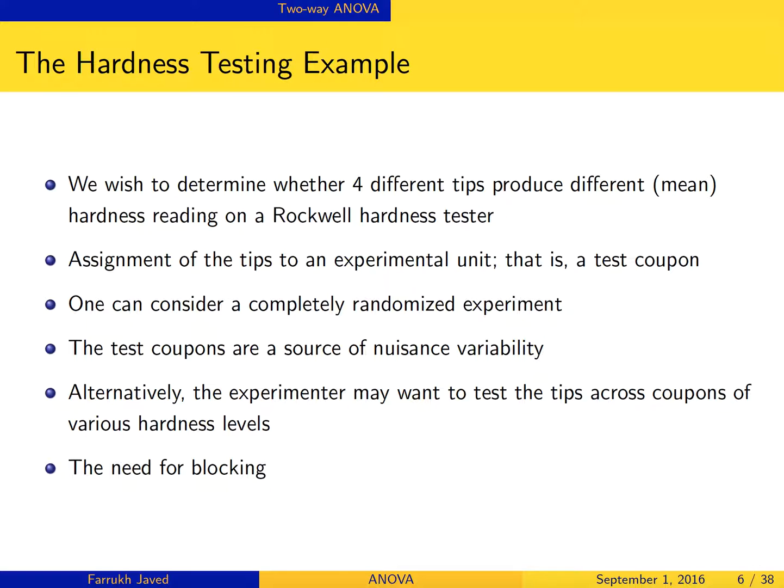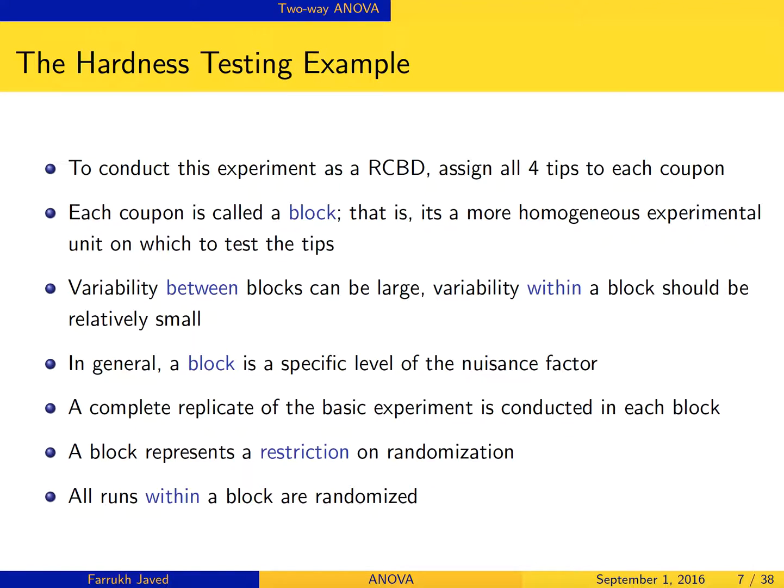So we need to block the test coupons in order to test the tips across coupons. To conduct this experiment, the design which we need is the randomized complete block design, since we are blocking one of the factors which we are not interested in. So it assigns all four tips to each coupon, and each coupon is called a block. So coupons are blocked, that is, it is a more homogeneous experimental unit on which to test the tips.